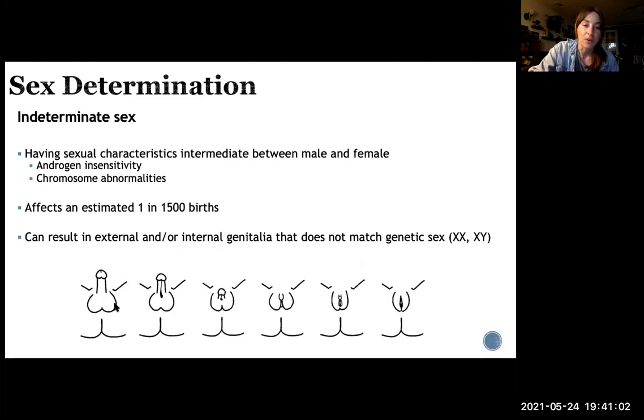The part that ends up becoming the skin of the scrotum in males ends up becoming the labia majora in females. So these structures are all there. They're just there in different proportions on a sliding scale for some people. And again, that's about 1 in 1500 births.